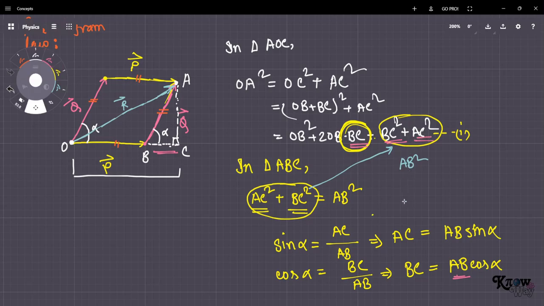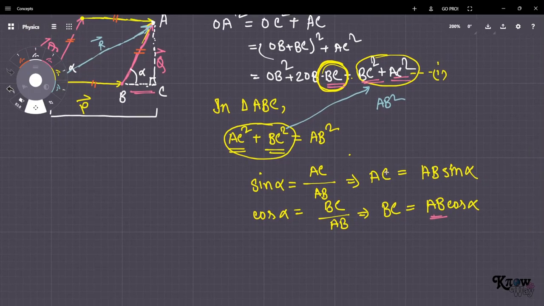Now, from equations 1, 2 and 3, we can write a new equation. Let's take a different pen.